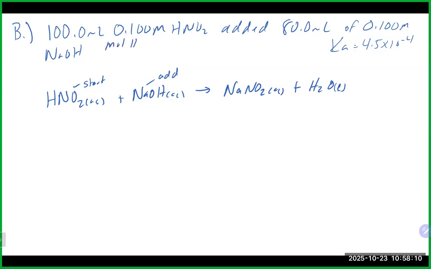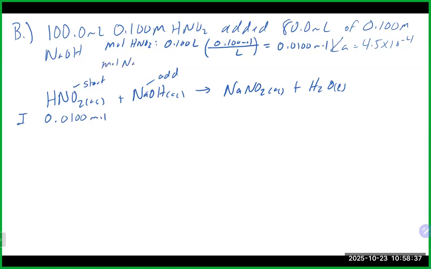Moles of my HNO2 is going to be 0.1 liters, that's our 100 milliliters converted to liters, times 0.1 moles per liter, which is our molarity. So that's going to get us 0.01 moles. So we'll go here, 0.01. For our sodium hydroxide, we'll do the same thing.